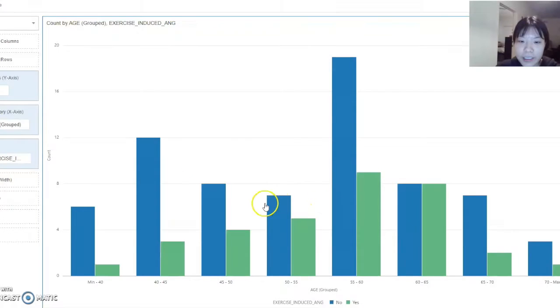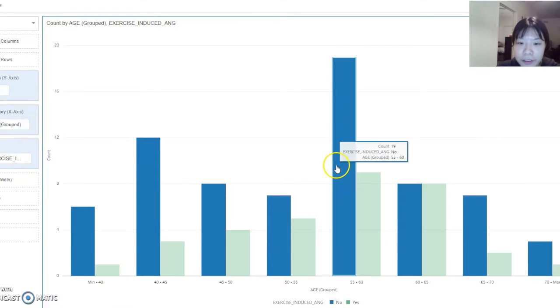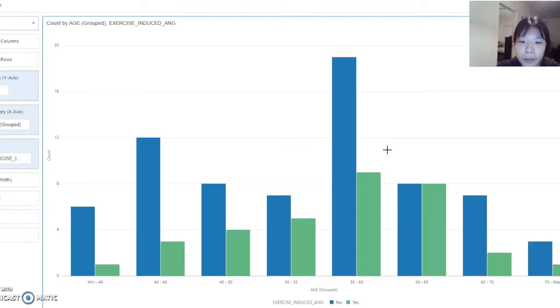Hi, I'm Siyue. This is my analysis dashboard for Project Heart Disease Prediction. I use a bar chart to show the comparison of prediction group among different age groups by exercise-induced angina. We can see the prediction group mainly concentrated in the age group between 55 to 60, and the number of prediction group over 70 was the least.